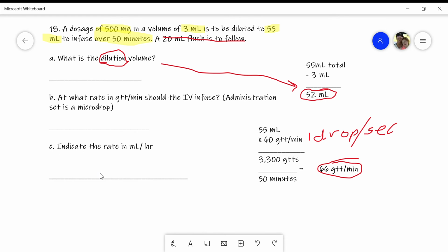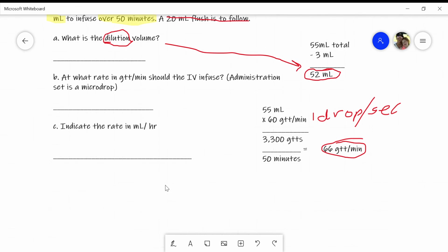And then for C, indicate the rate in milliliters an hour. This one just goes back to your basic dividing. If you've got 55 milliliters and you want to give it in 50 minutes, since we don't have a full hour yet, our rate per minute is going to be 1.1 milliliters per minute.